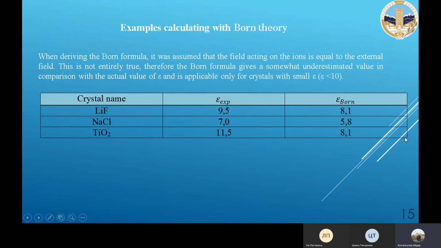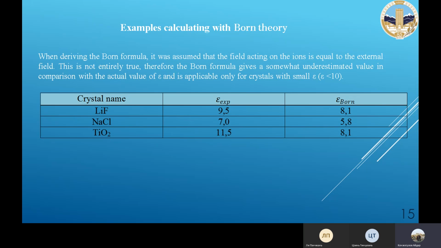And an example calculating with this Born theory. When deriving the Born formula, it was assumed that the field acting on the ions is equal to the external field. This is not entirely true.